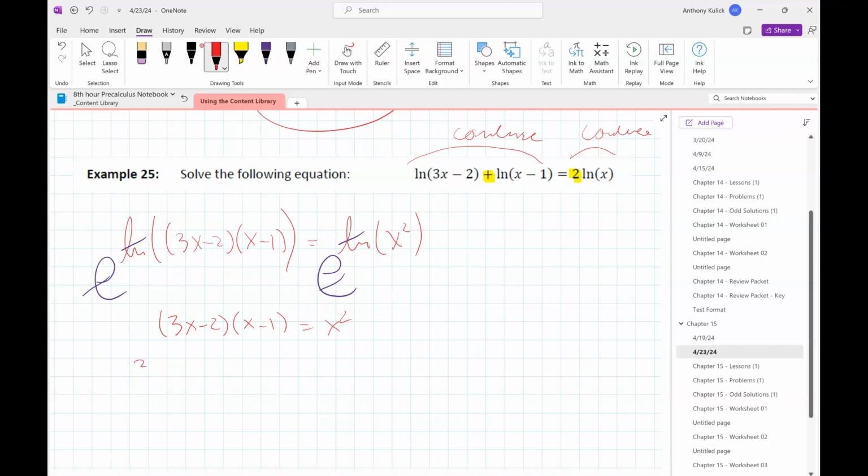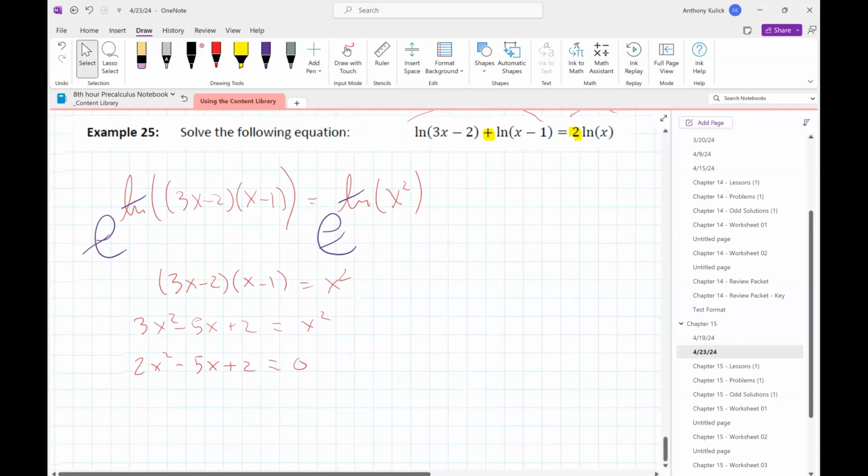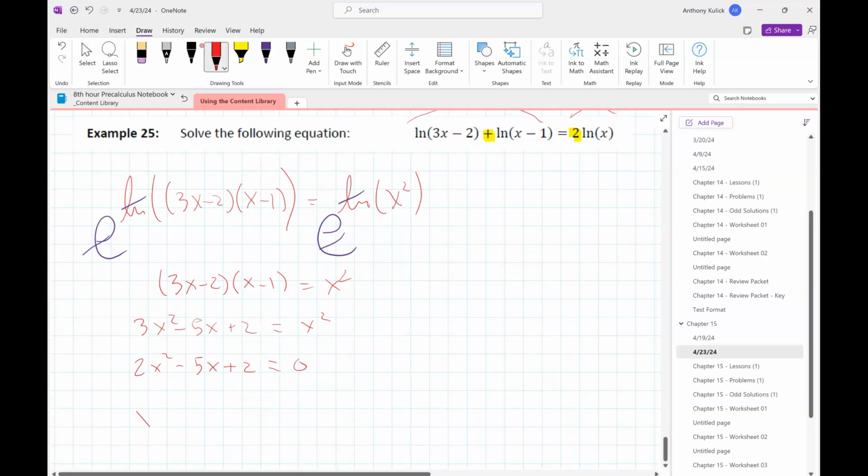Quadratic. So I'm going to FOIL that out. Negative 5x plus 2 equals x squared. We'll subtract the x squared from both sides because this has got to equal 0. That thing will factor, but it's going to be that long factoring process. I don't want to deal with it, so I'm just going to use the quadratic formula.